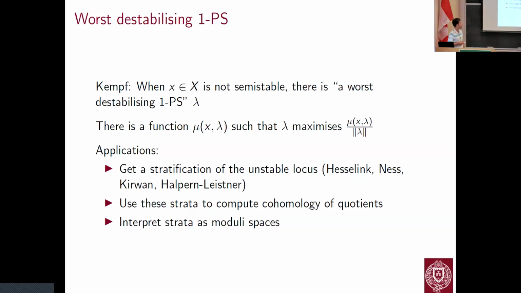Like I said, you use this stratification by the worst one-parameter subgroup when you're trying to compute cohomology of quotients, and also in these more modern approaches, you can try to interpret these strata as moduli spaces in their own right. Those are all things we'd like to get to in the future, but to do it, we'd like to have an idea first of what the worst one-parameter subgroups are in some important examples.